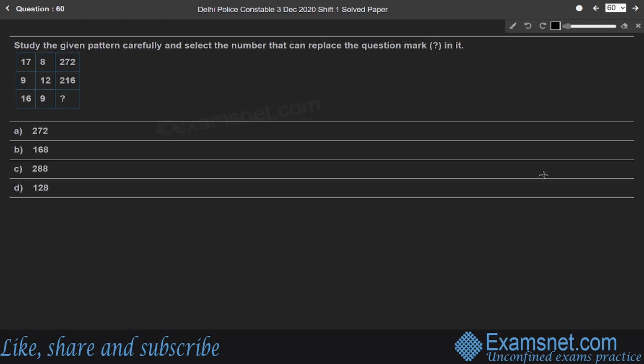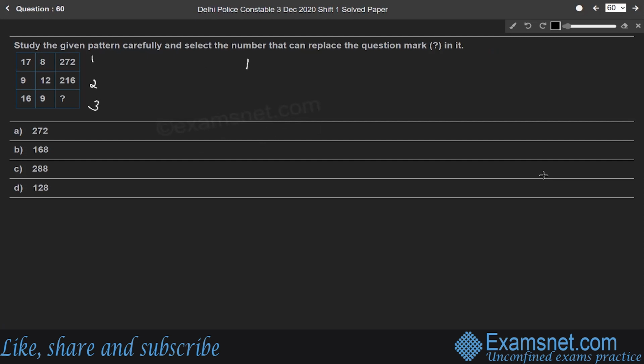Question 60. Study the given pattern carefully and select the number that can replace the question mark in it. So the given pattern is, see, there are three rows, right? So in the first row, the elements are 17, 8, and 272.